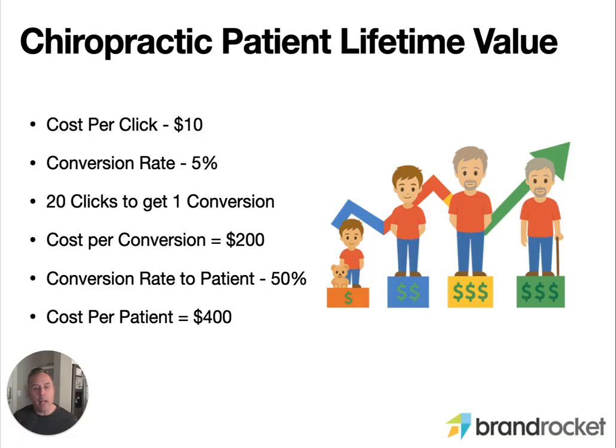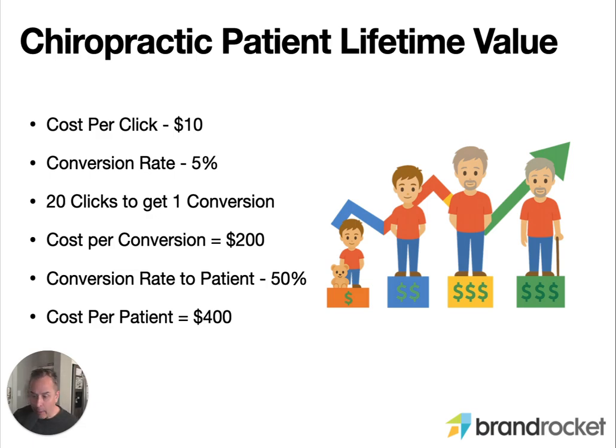So let's say that you are running an active campaign on Google Ads and you are spending $10 per click. Let's say that you have a conversion rate, by the way, because you set up your conversion tracking correctly, you watched the video on that, right? So you're able to see that you have a conversion rate of 5%. That means that it takes 20 clicks to get one conversion.